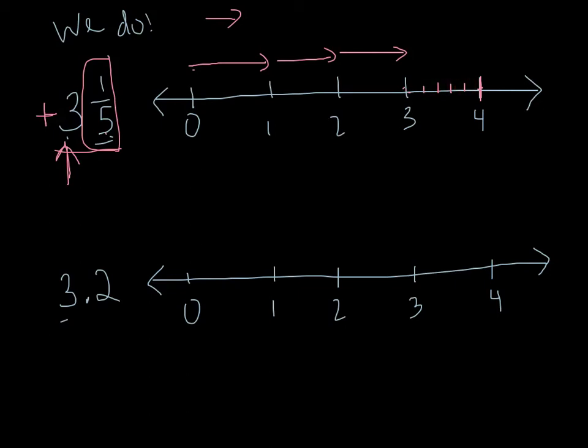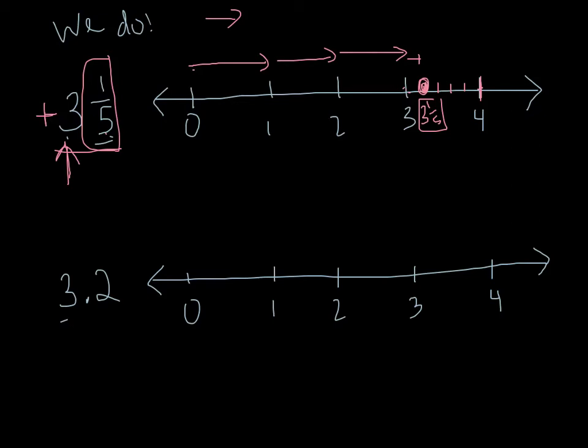I have 5 equal chunks because the denominator says it's broken into 5 equal pieces. Of those 5 equal pieces, I have used one of them. So I'm just going to cross over one of them right there. And that is where 3 1/5 is located on that number line.